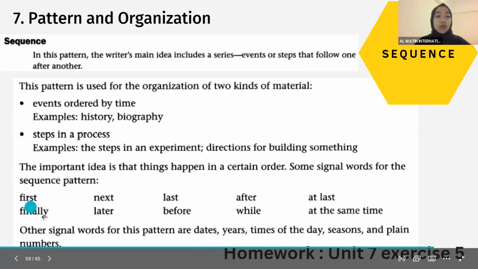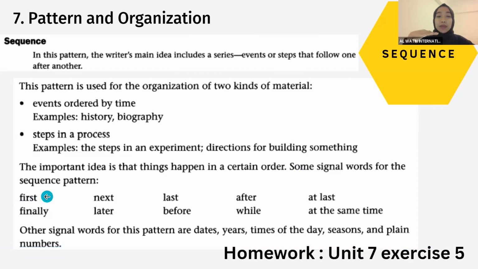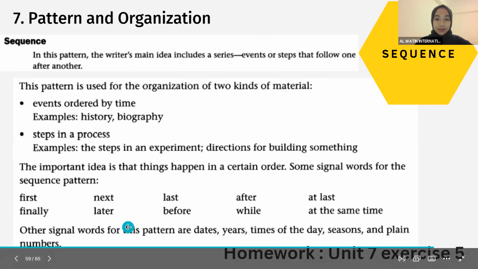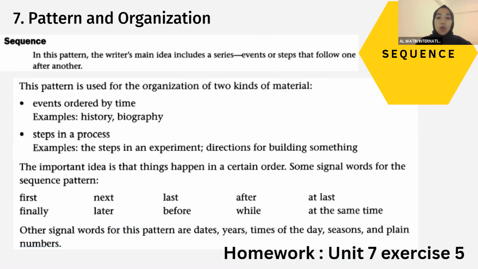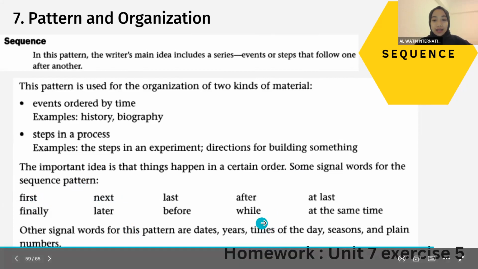So these are the words that we use. In the beginning, we say first. In the middle, after the first step, we can use next or later. When two things happen at the same time, we can use while or at the same time.